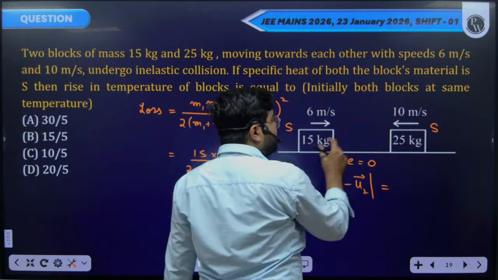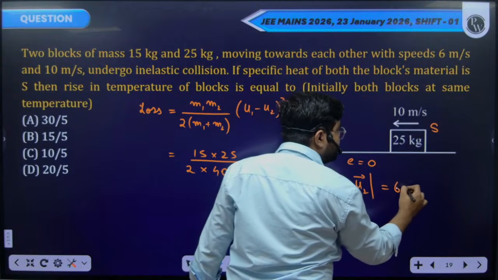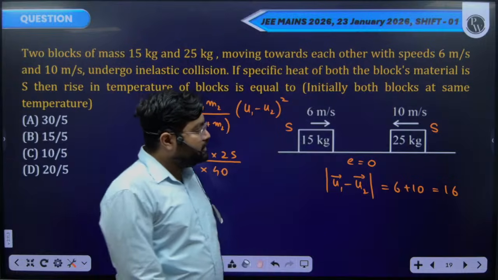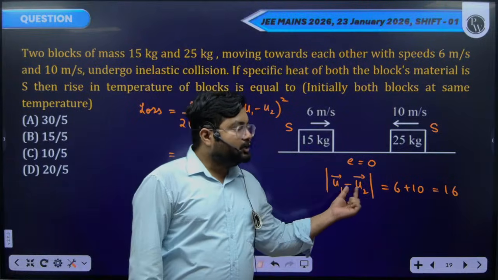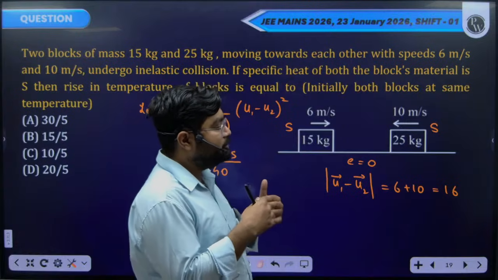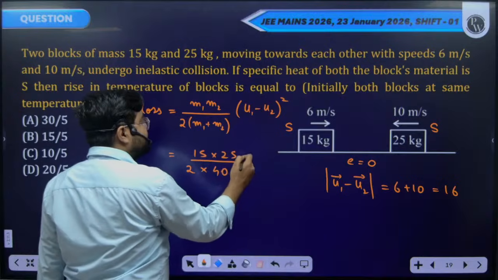So their magnitude is simply the addition, 16, not the subtraction, because it is a velocity difference. It is a vector. So if you subtract opposite directed vectors, they get added. So this is 16 square.